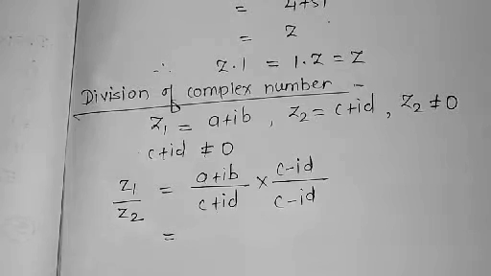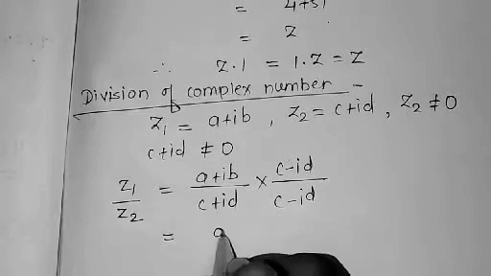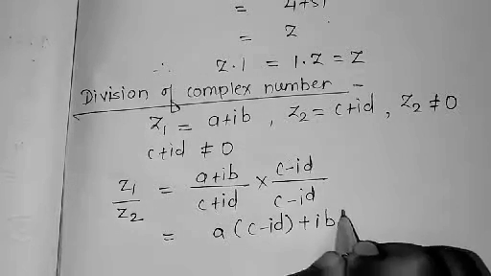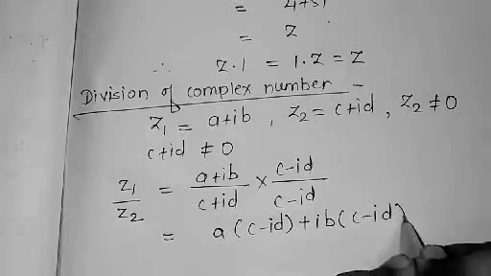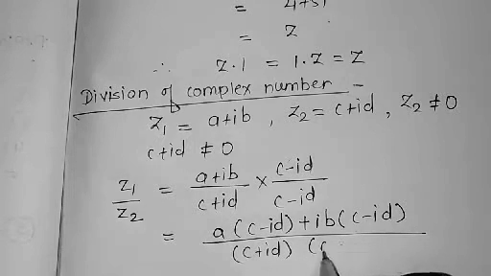So here we take simple multiplication, that is a into c minus id plus ib into c minus id upon c plus id into c minus id.